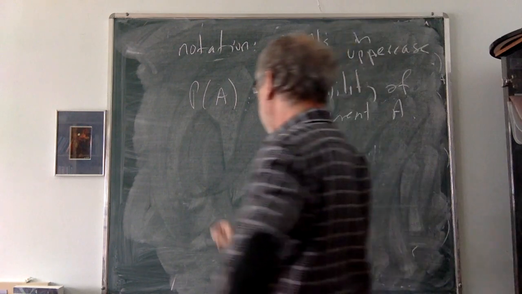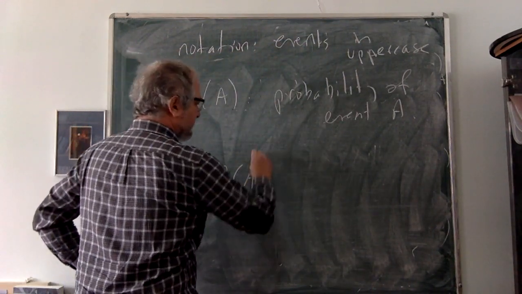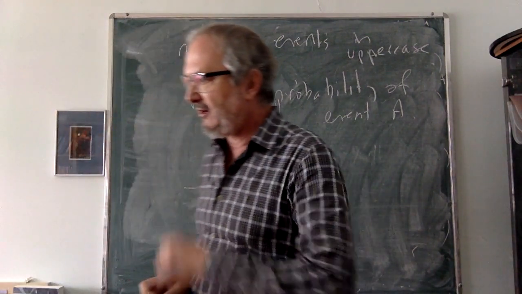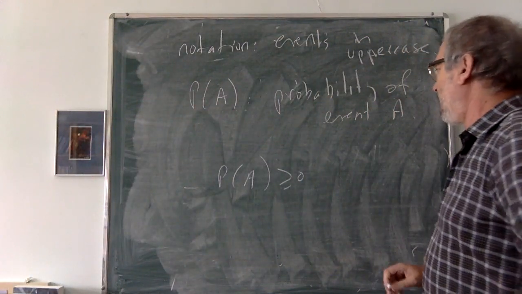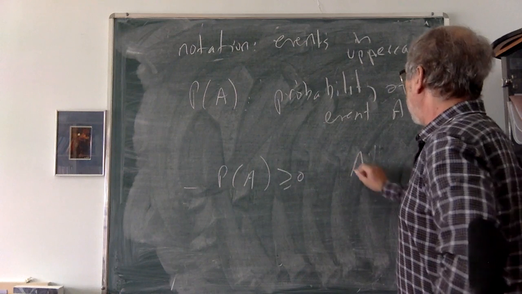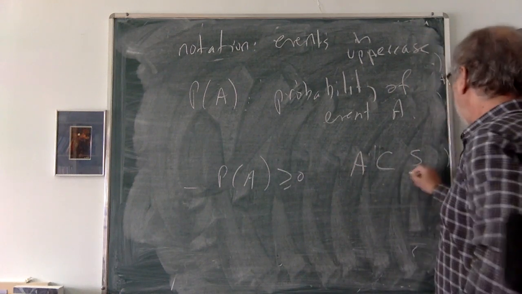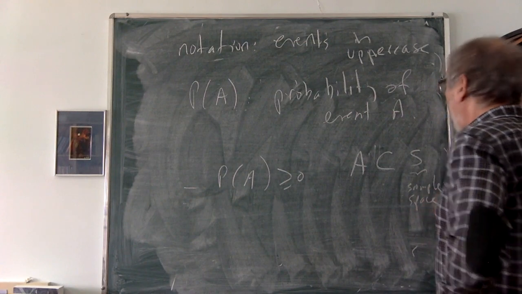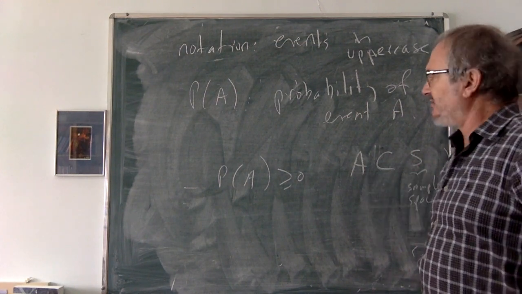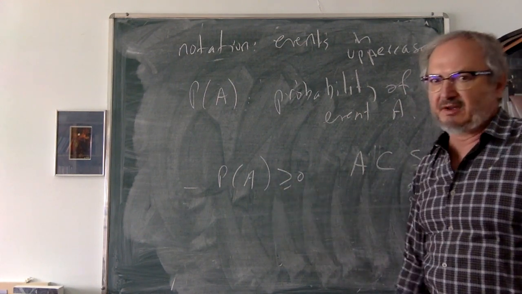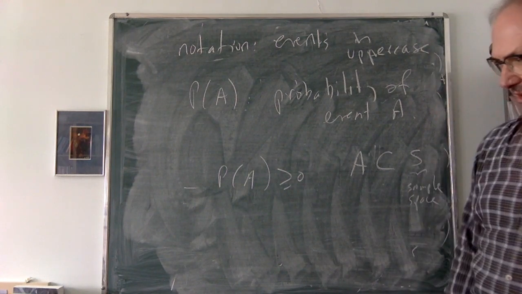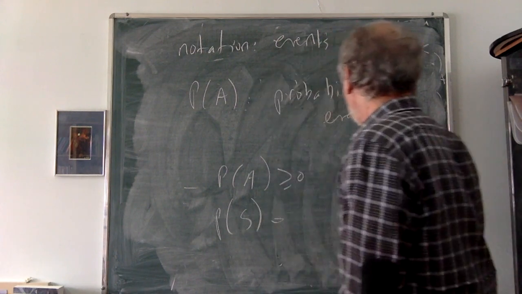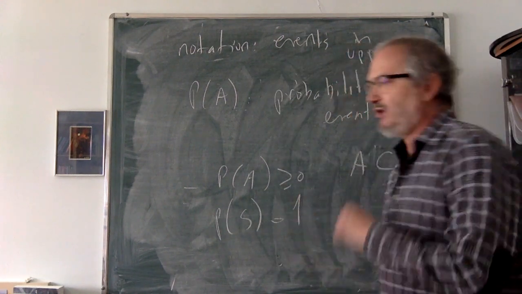Some basic principles. All probabilities are non-negative. If A is in a sample space, let's say this is the sample space. Okay. If A is a subset of the sample space, then the probability of A can only be non-negative. Probability of the whole overall set is assumed to be 1.